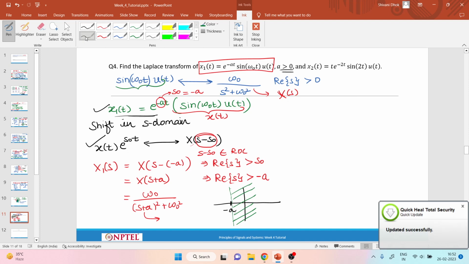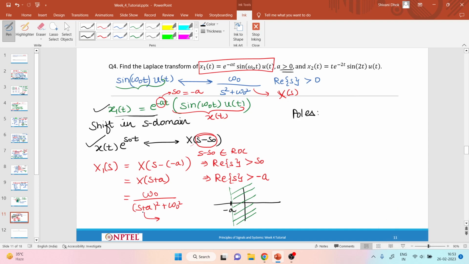Where will the poles be lying? My poles are nothing but roots of this polynomial. So what I have is s plus a square plus omega naught square equal to 0. So s plus a is plus minus j omega naught, so s equals minus a plus minus j omega naught.